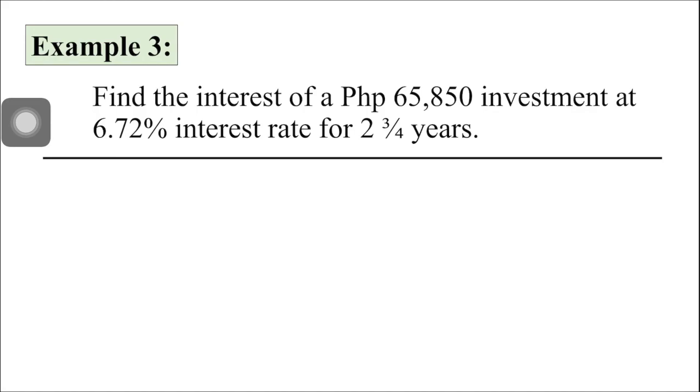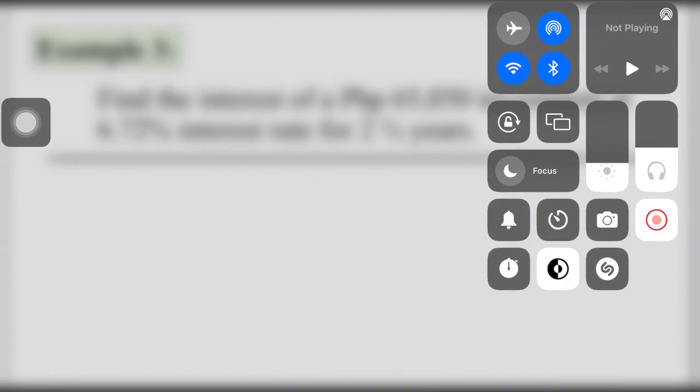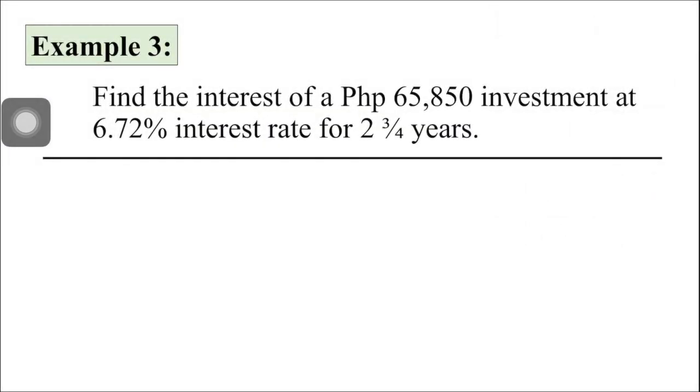So let's have another example. Find the interest of a 65,850 investment at 6.72% interest rate for 2 3/4 years. So it was invested for 2 3/4 years. This is the principal, this is the R or the interest rate, and this is the time.